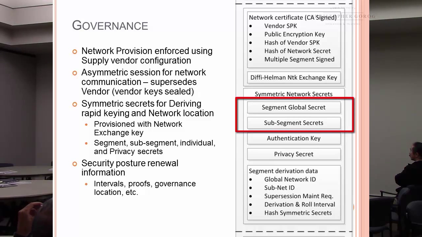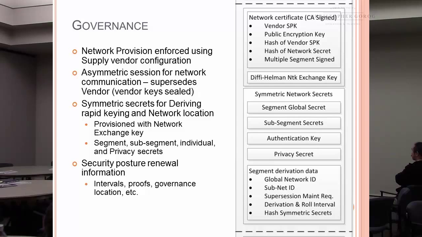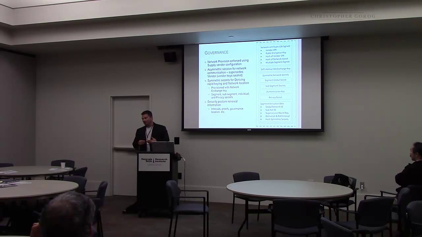If something's compromised and you think it's this segment, let's change everything on this segment. Let's rekey, let's retool. In general, there's a lot of ways to think about this, but it's a symmetric and an asymmetric method of key exchange and renewing security posture rapidly or human triggered.